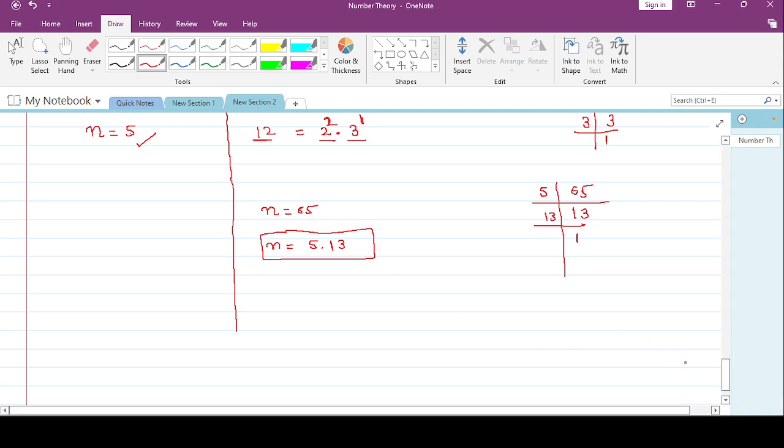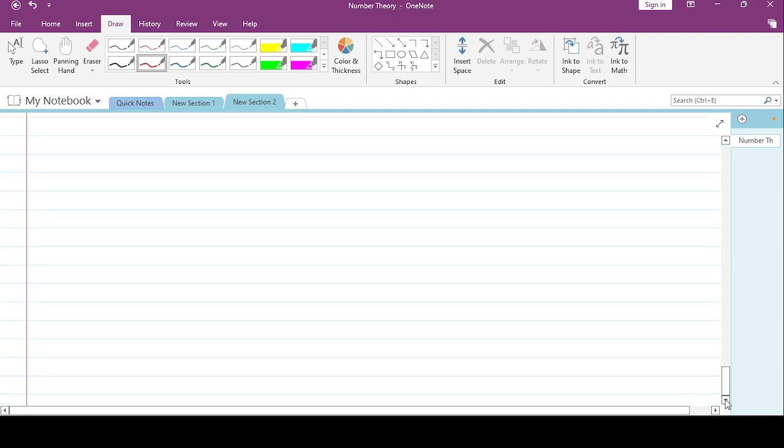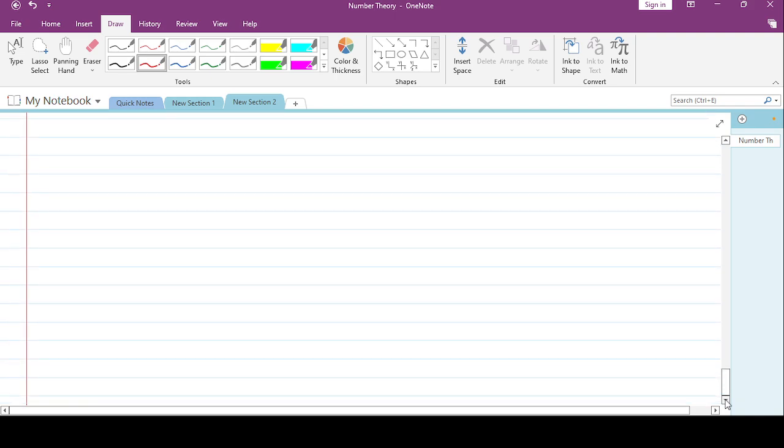Now next we want to talk about GCD and LCM. So first of all, I give the definition of GCD. GCD is also called greatest common divisor.